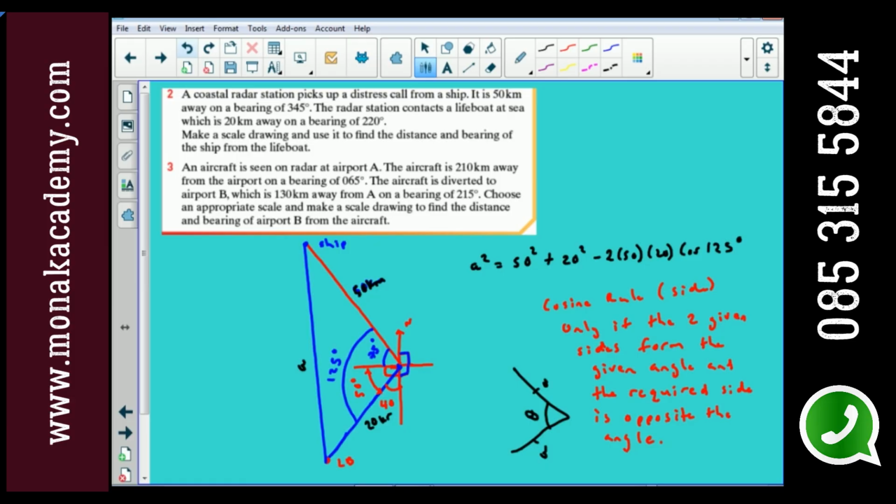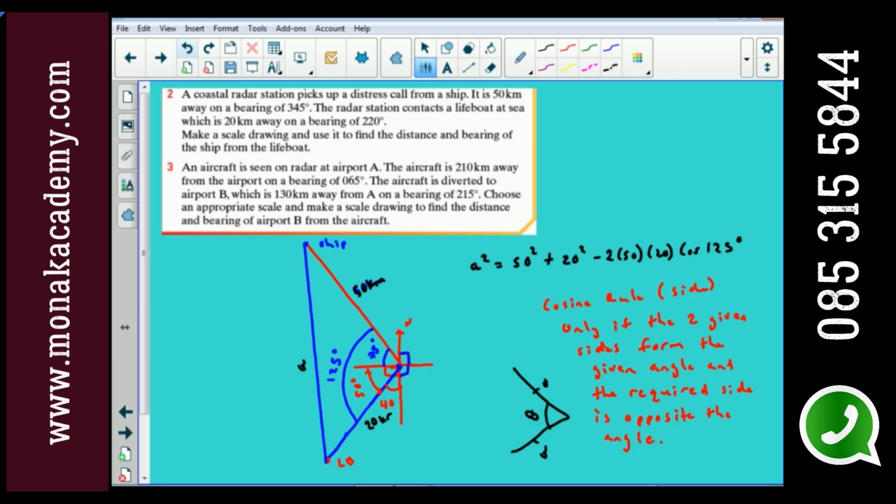I don't think it's a difficult rule to remember. The given sides that you are on, whether it's in a bearing type or any question, must be the ones forming the angle. And the side that you want must be the one opposite that given angle. Like in this case, the side we want is opposite the 125.